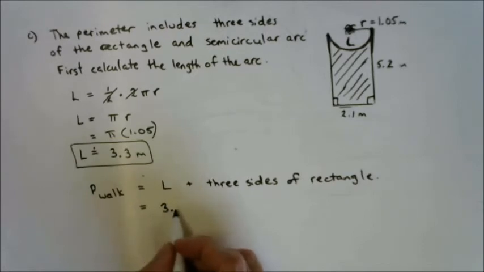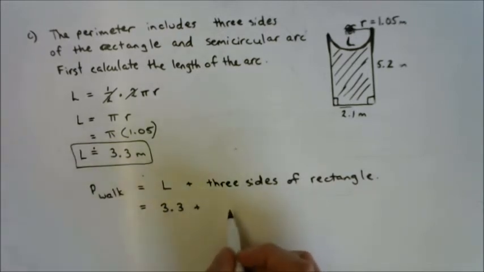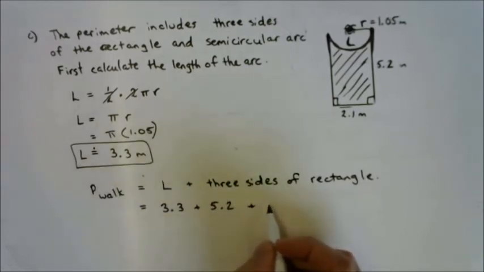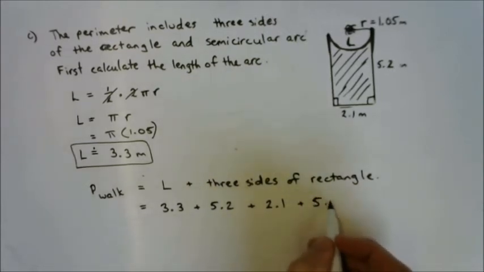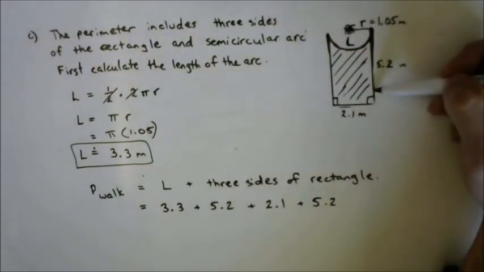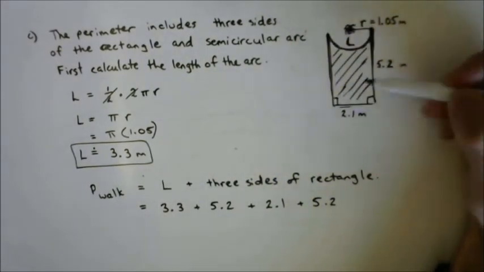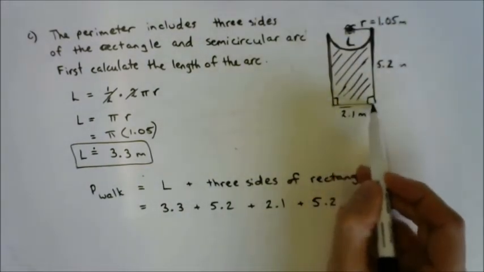L is 3.3. The 3 sides of the rectangle are what? 5.2, good, and 2.1. I said 3 sides. You only gave me 2 numbers. So we need another 5.2. We've got this 5.2. We also have this 5.2. And this is 2.1.